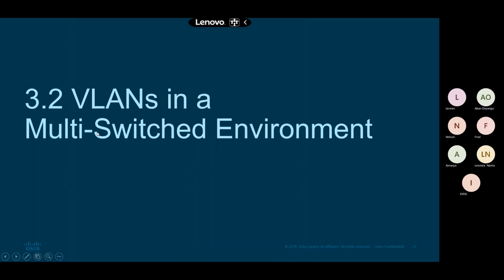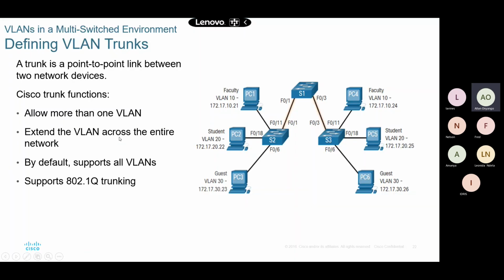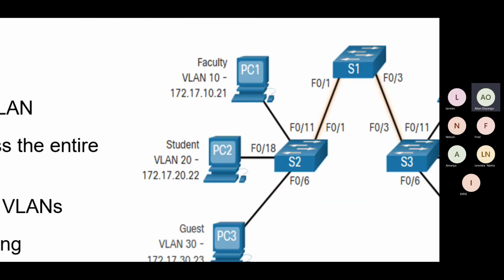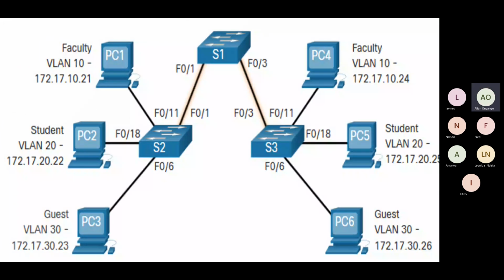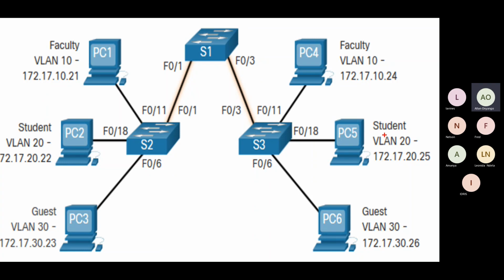Now, what I want us to do right now is, I've already talked about all these here, and we are going to talk about trunks. And before I talk about a trunk, let me just talk about looking at this diagram here.